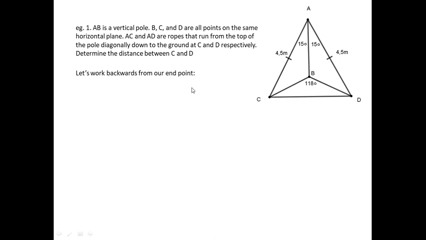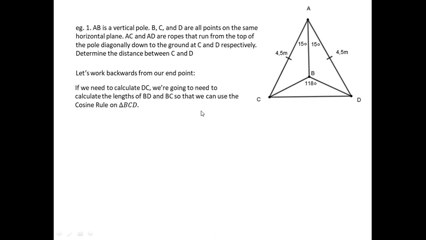First of all, I like to work backwards from the endpoint. If we are trying to work out the length of CD, that means if I look at triangle BCD, if I had the length of BC and the length of BD, I could use the cosine rule. That means I need to work out the length of BC and the length of BD.